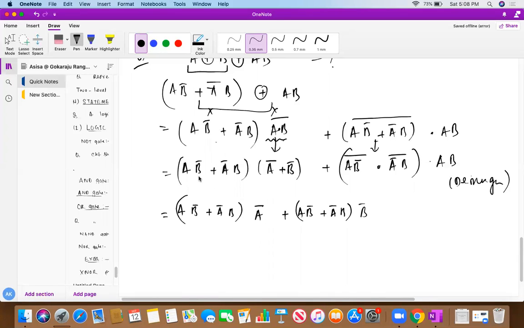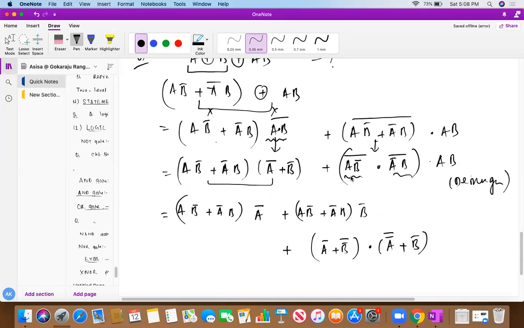I have just applied the distributive law between these two, nothing else. Similarly here I can do this, it will be my A bar. Again I can apply De Morgan's theorem in these two. Obviously, A bar or B bar bar, and this will be AND as it is, A bar bar or B bar.